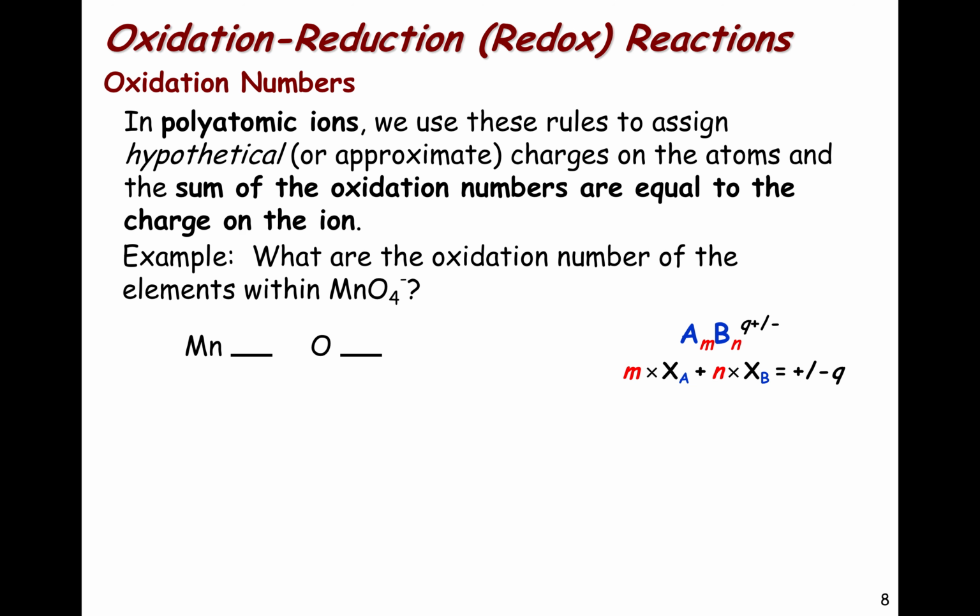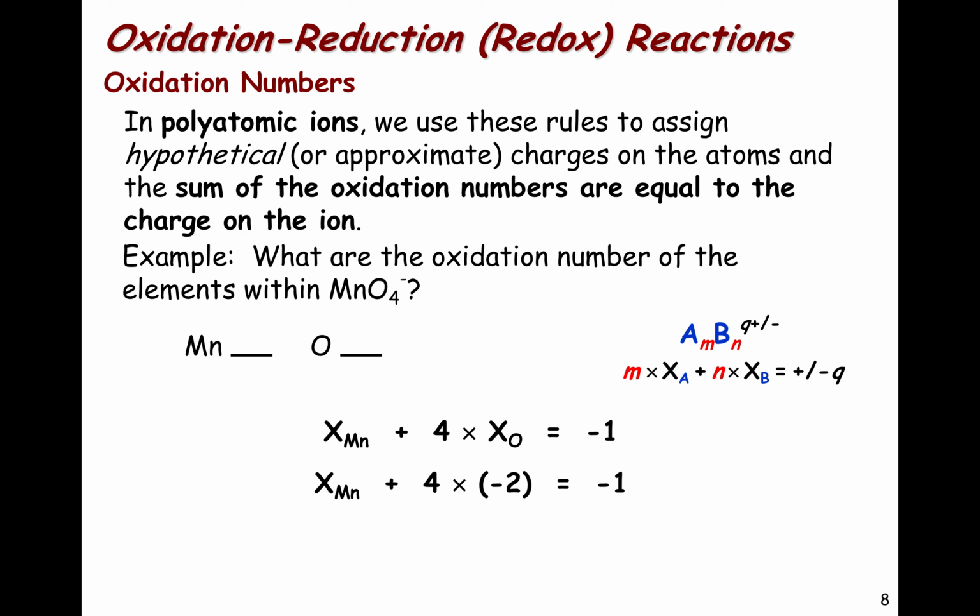So we have 2 elements. Again, we have our general formula. So in this particular case, the X of the manganese is what we're going to try to figure out. There's only one of those atoms. But we have 4 oxygens, 4 times the oxidation number of the oxygen, and that's got to equal -1.